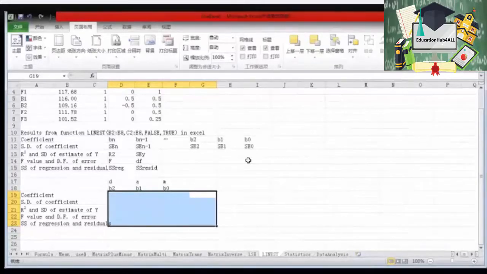It gives us quite a number of things. But please remember, the coefficients are in the opposite order. So basically, the constant is the last one, then the first one, second one. I don't know whether Bill Gates made this function like this.